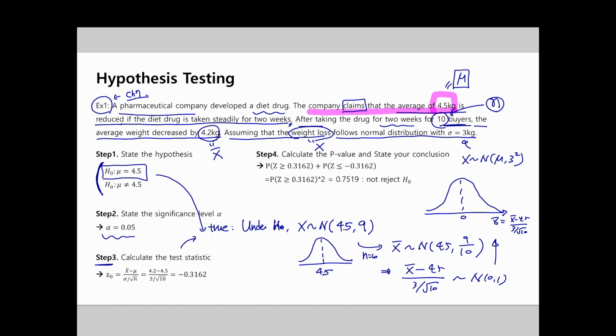Given the sample mean x bar equals 4.2, the test statistic is like this. So we get minus 0.3162. Therefore the direction of rejecting the null hypothesis is that.